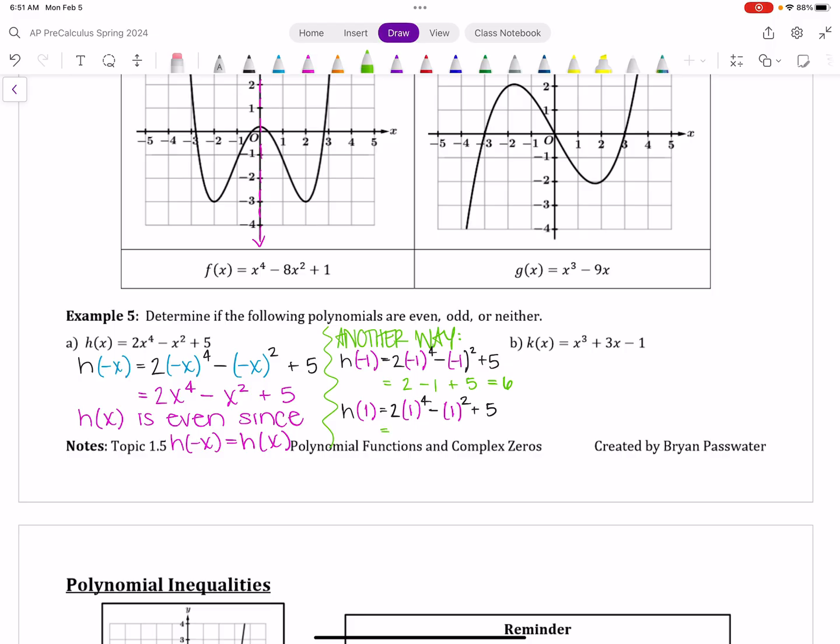So with h of 1, we have 2 minus 1 plus 5, which is also 6. So because h of negative 1 and h of 1 are the same, that also tells us that it's even.